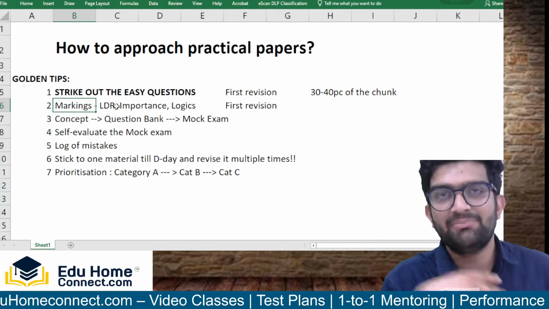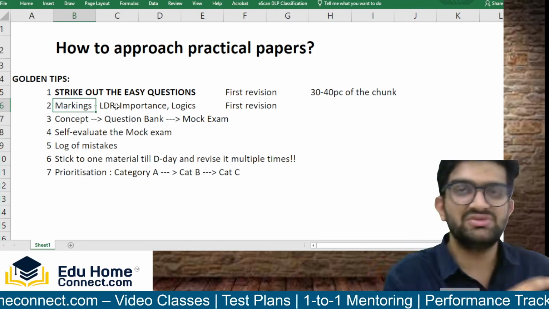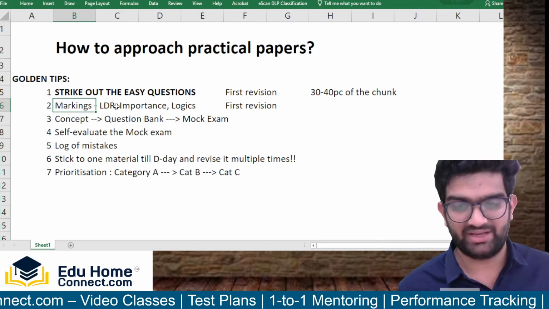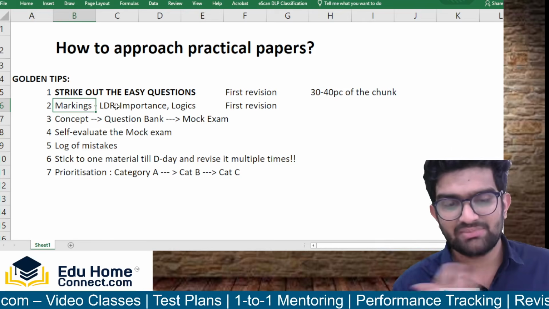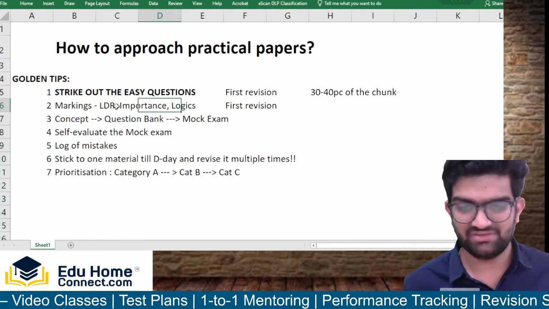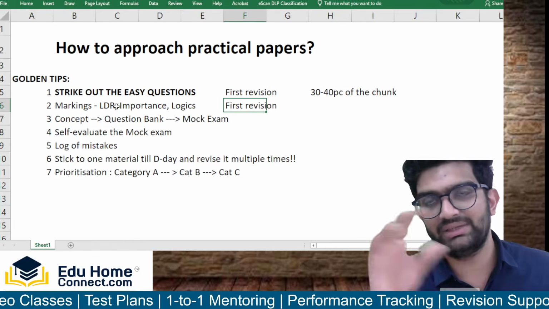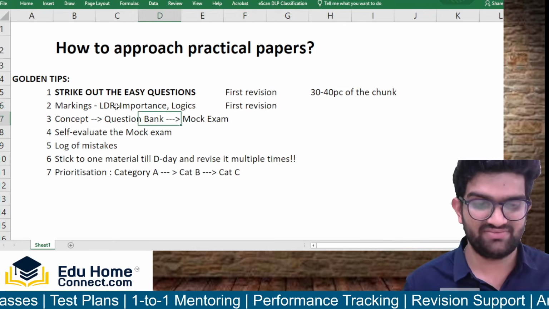Now this will help you to remember these provisions for a longer period of time. So the LDR and the importance should ideally be marked in the first revision, whereas the logics should be written during the classes itself.